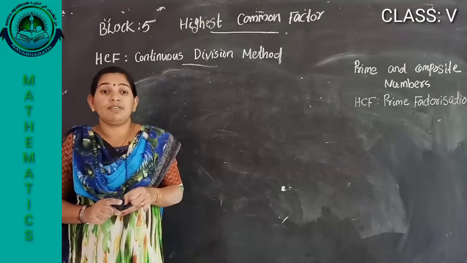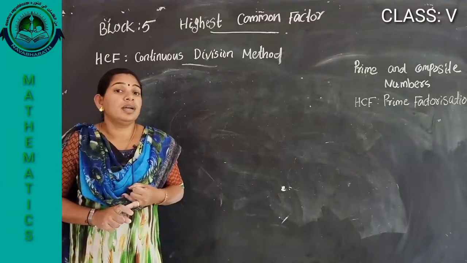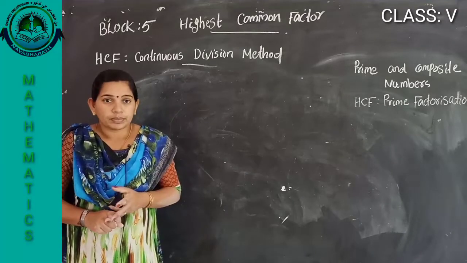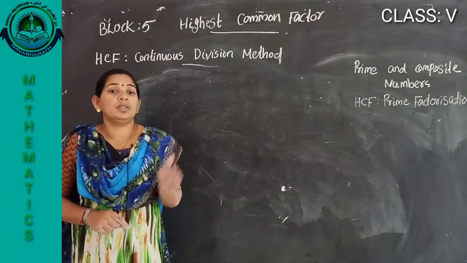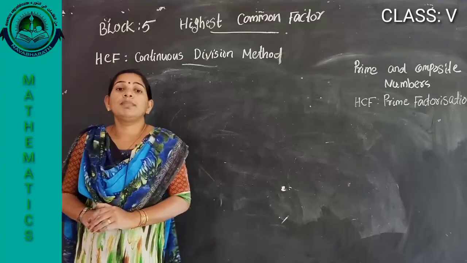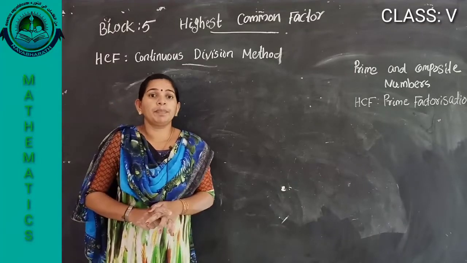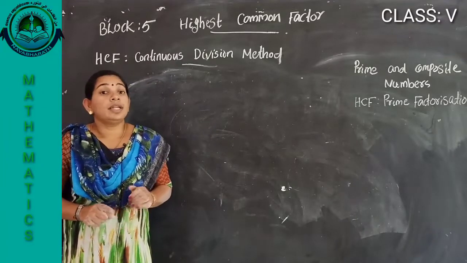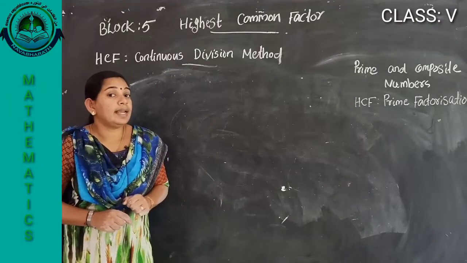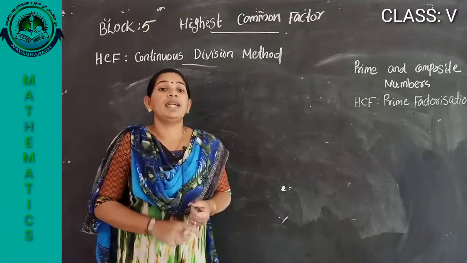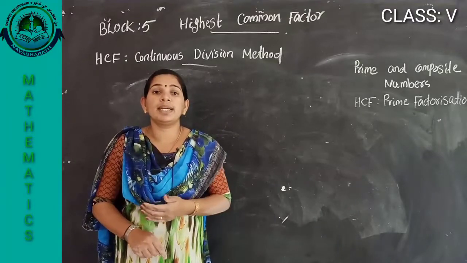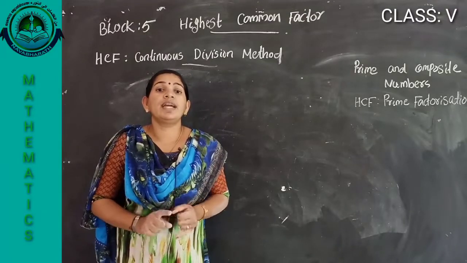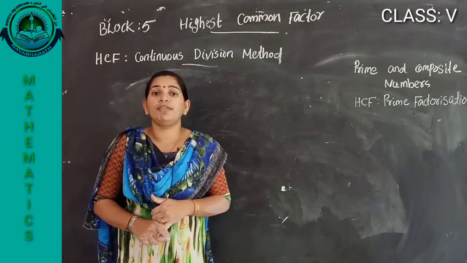Then the first remainder is the divisor. Then we do this process until the remainder is 0. Okay. Then how do you find HCF? The last divisor. When we get the remainder as 0, that divisor is the HCF of the given numbers.